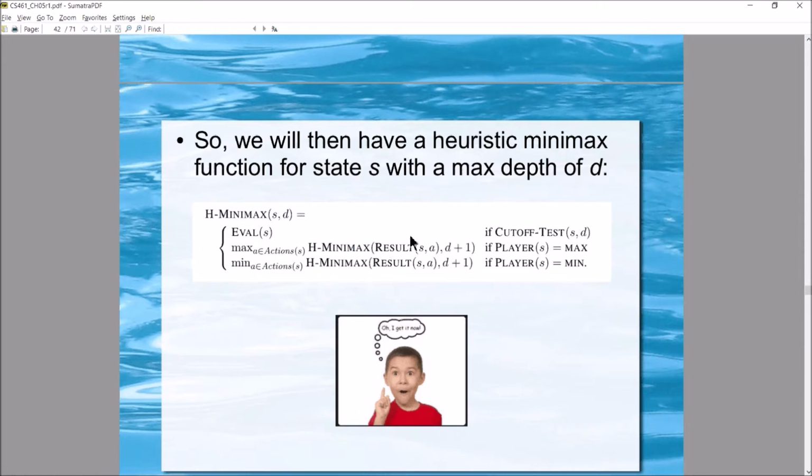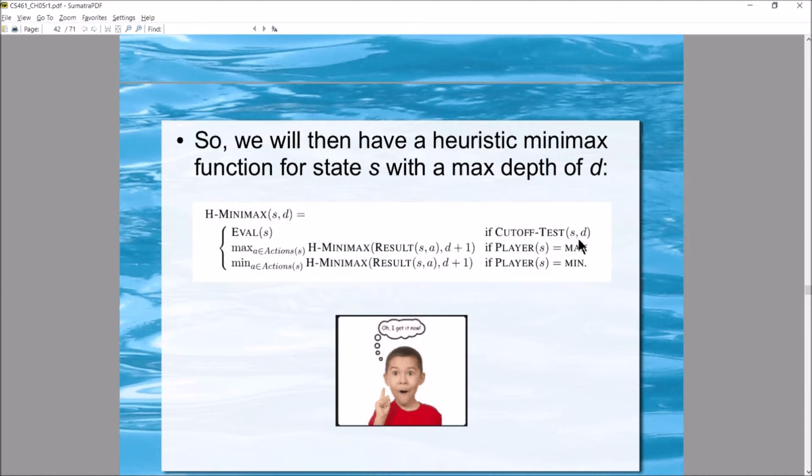So result is doing its thing as usual, generating the new state that is the result of state S having action A applied to it. And then D, and D plus 1 here, that's basically acting as the counter. And once that counter gets to a certain level, cutoff test can evaluate to true, in which case search is done down that path, so evaluate that state.